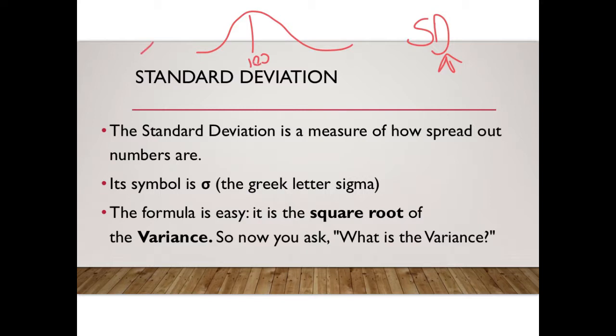Along this line here, it's -1 standard deviation, -2, and -3. Basically the majority of the scores fall within 1 standard deviation from the mean.